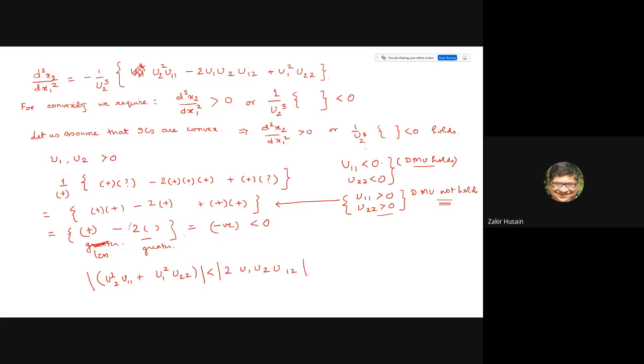What you're saying is this part is greater, so what will happen? This will become negative.